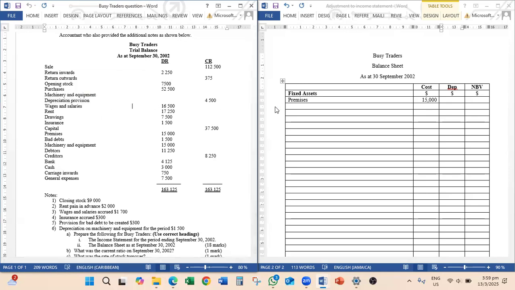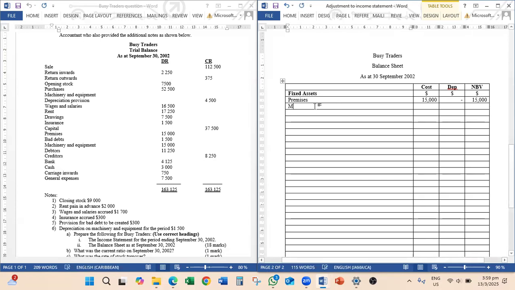It is the depreciation that was there before this year, and the depreciation shown in the footnote is the depreciation for this period. What you have to do is add the depreciation for this period to the depreciation for the previous period and put it right here. So for premises, there is none, so let's put a little dash there. The net book value remains the same for the premises.